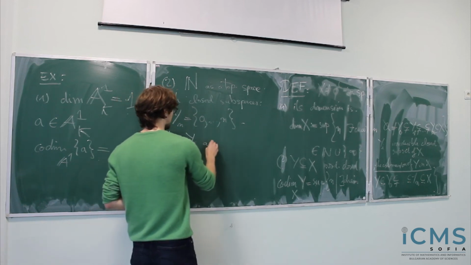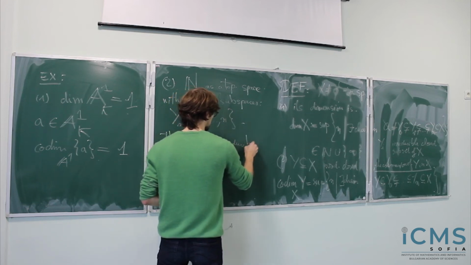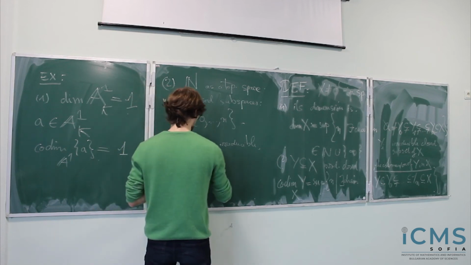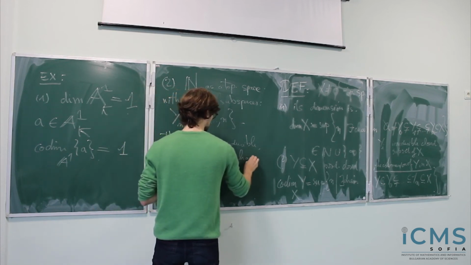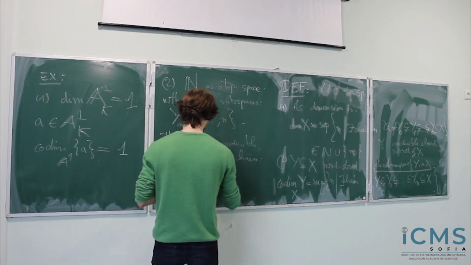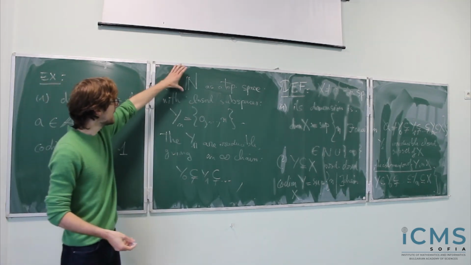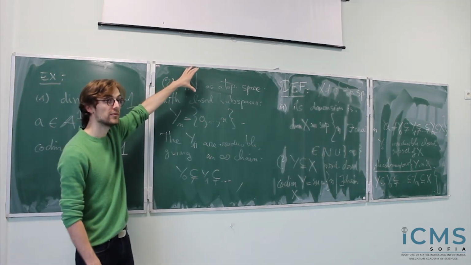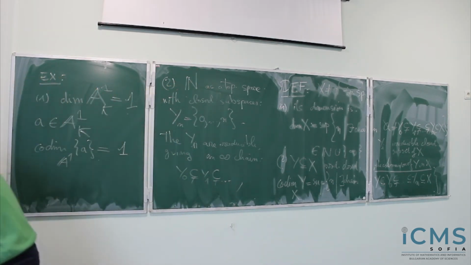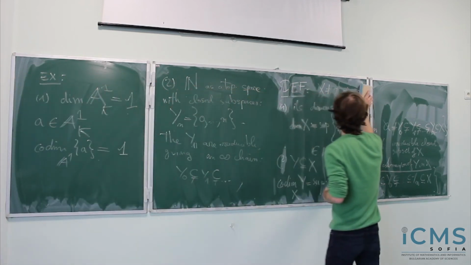giving an infinite chain. Right? So Y0 is contained in Y1. So with this topology, N is equipped with an infinite dimension. Okay, so this is just to see that infinite dimension spaces exist. They are very easy to define.